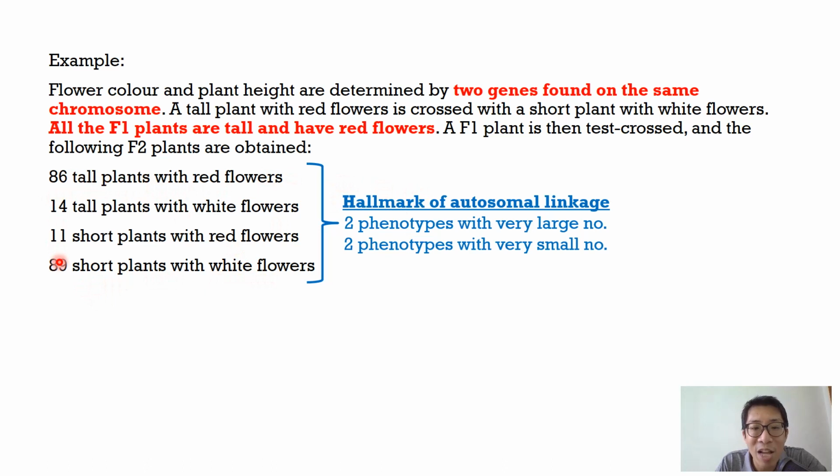So you have two very large numbers for the parental phenotypes and two very small numbers for the recombinant phenotypes, right? So tall and red are the same as the parent, tall and red. And then the short and white, same as the other parent, right? So the two parental phenotypes, large number, two recombinant phenotypes, small number. This is another clue to tell you that this is autosomal linkage.